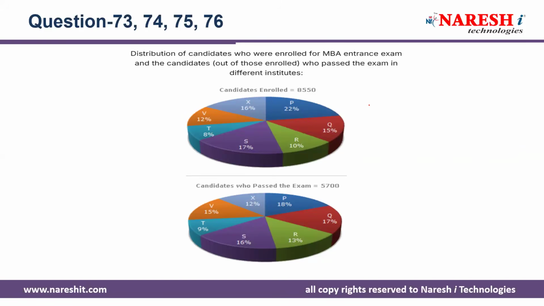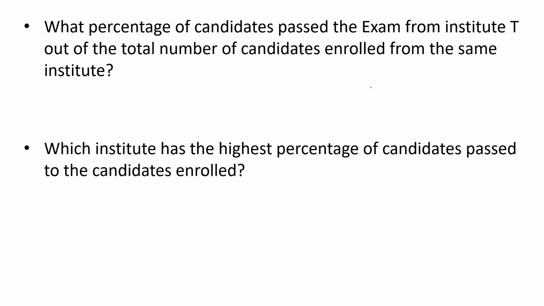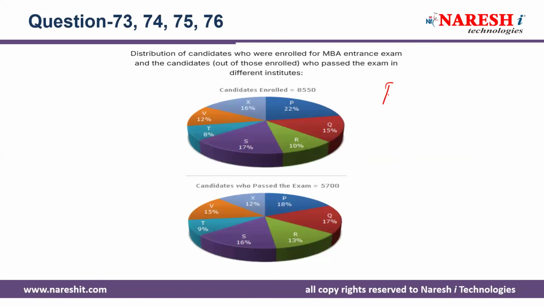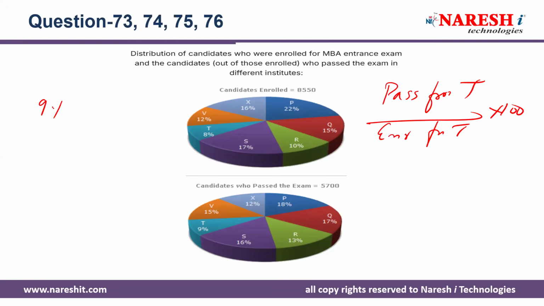So pass from T and enrolled from T. Percentage means into 100. T passed is 9% of 5,700 by T enrolled is 8% of 8,550 into 100.